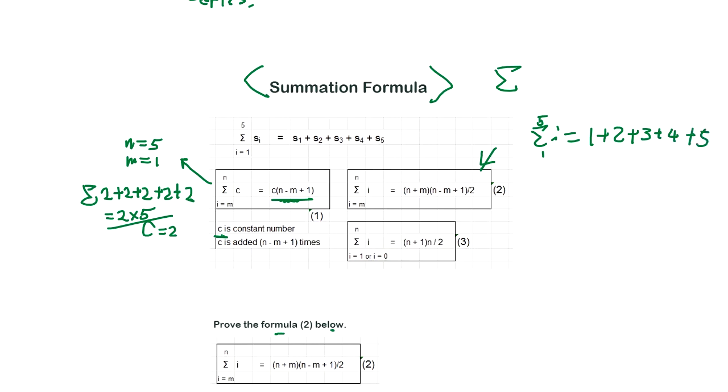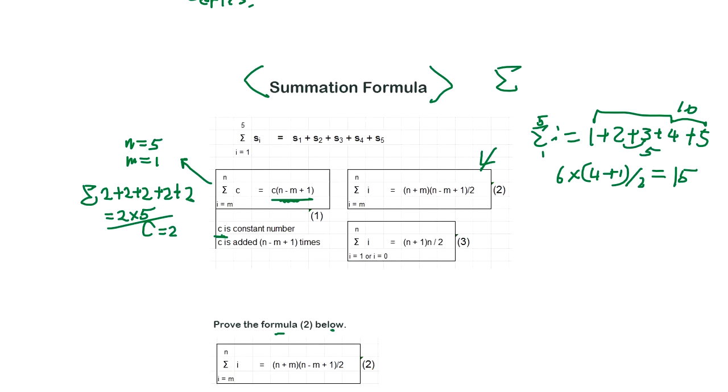And that is given by n plus m, which is 6, times n minus m plus 1, which is 5, over 2. So 15. Is that correct? Let's examine. This is 5, 5, 10, 5, 15.